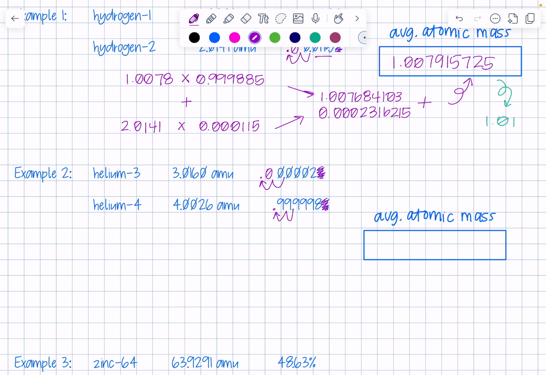So the way I would do that is parentheses 3.0, 0.0160 times, so we got 1, 2, 3, 4, 5 zeros. So 1, 2, 3, 4, 5 zeros, and then a 2. Plus, then a new set of parentheses for helium-4's isotope.